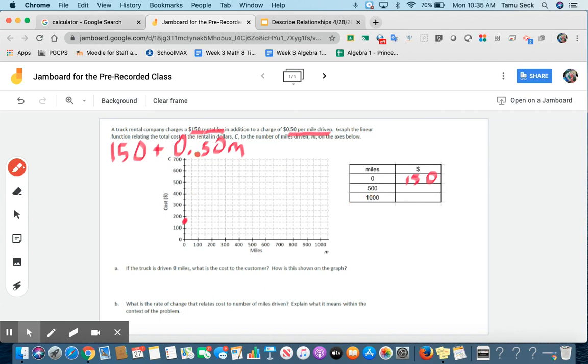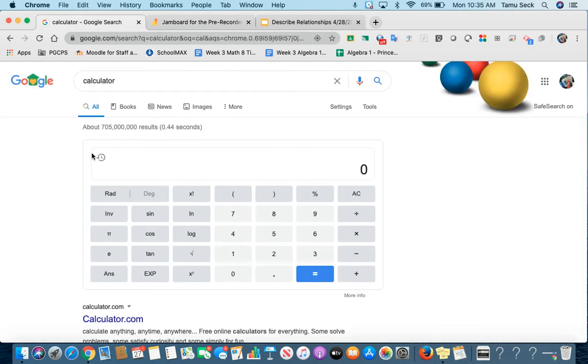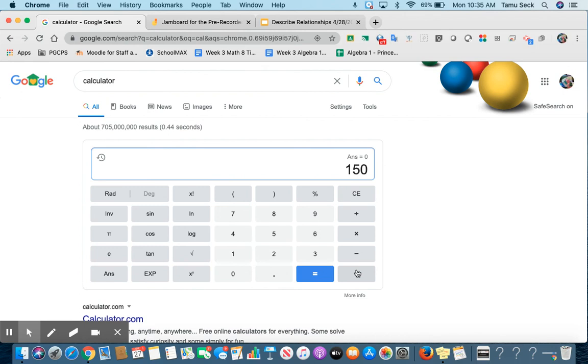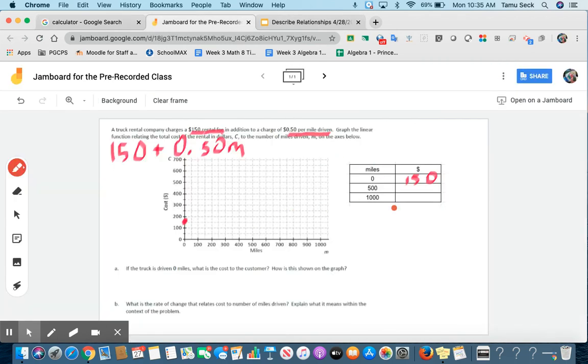So 150 plus 50 cents times 500 miles is $400. So we can put the $400 here, and then plot 500 miles costs $400.